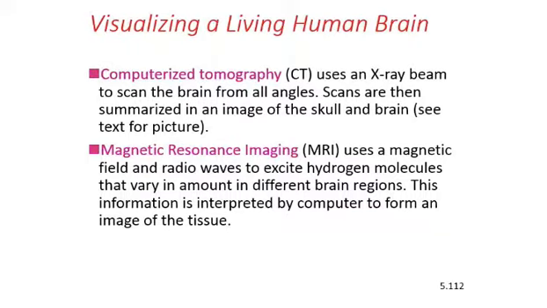The magnetic resonance imaging, or MRI technique, is a different approach, and it uses a magnetic field and radio waves, and doesn't involve radiation at all. So it is much safer than a CT scan in terms of radiation exposure. It turns out that hydrogen molecules are present in our brain in the form of water.